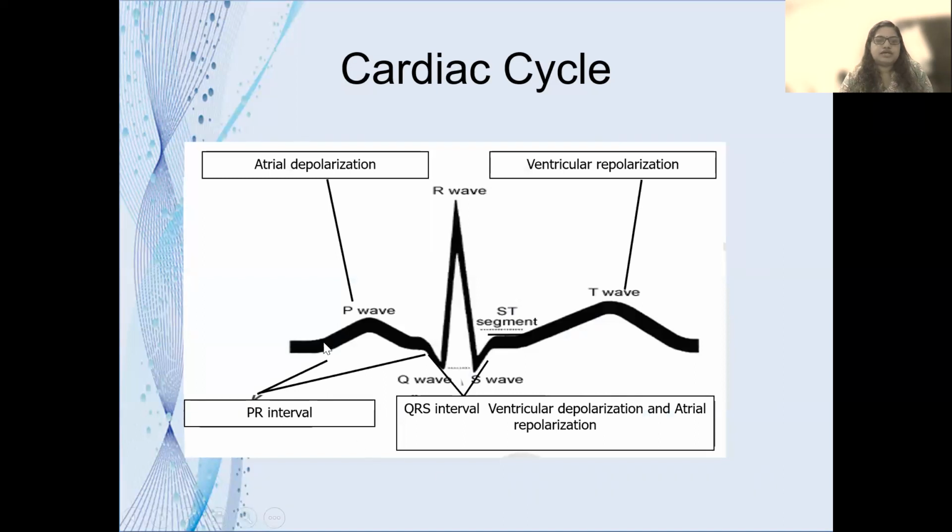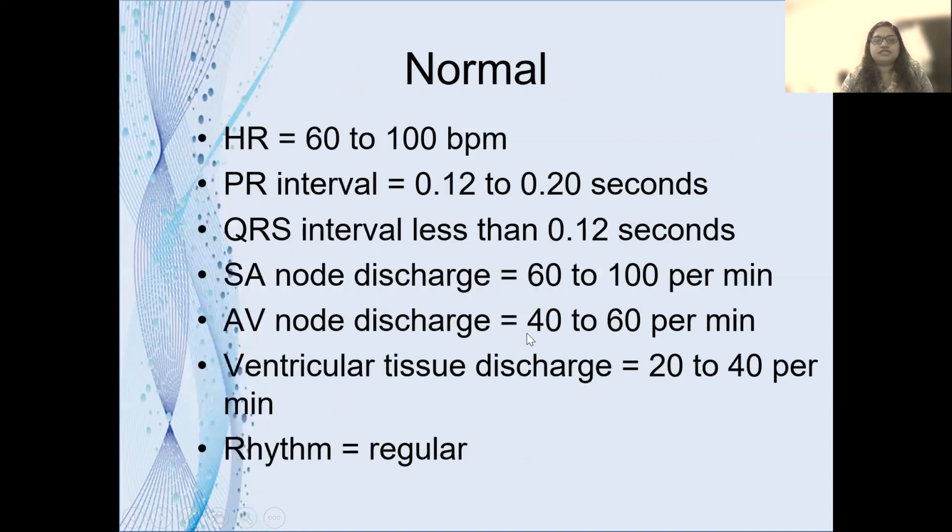Again, the P wave is caused by atrial depolarization, then you have the PR interval, then the ventricular depolarization, then the T wave where you have ventricular repolarization. You also have the ST segment. This knowledge is important to recognize an abnormal ECG.